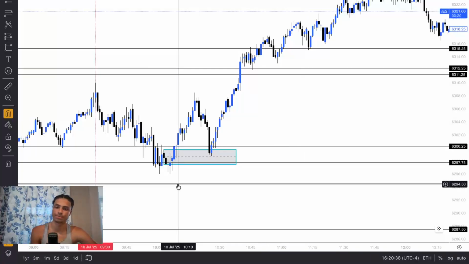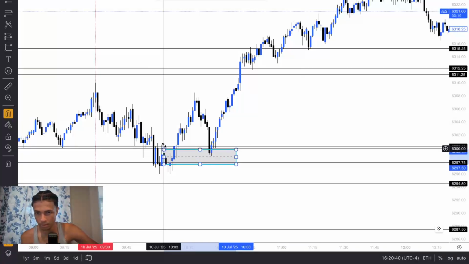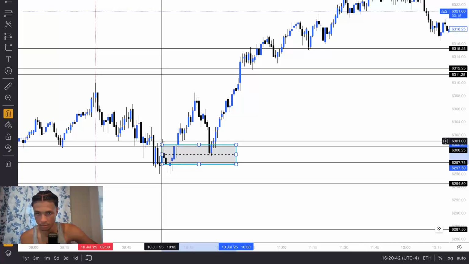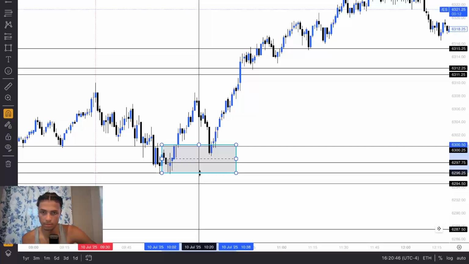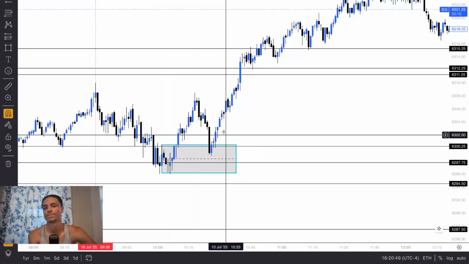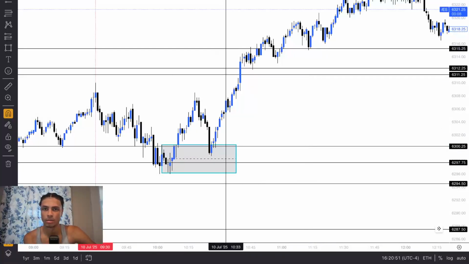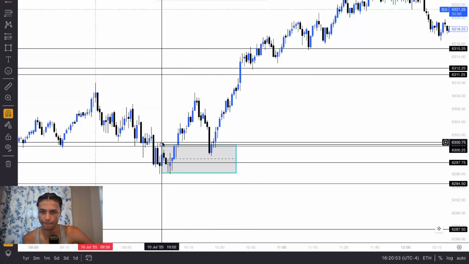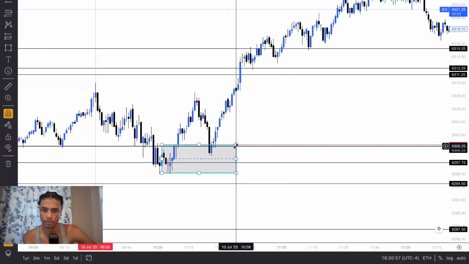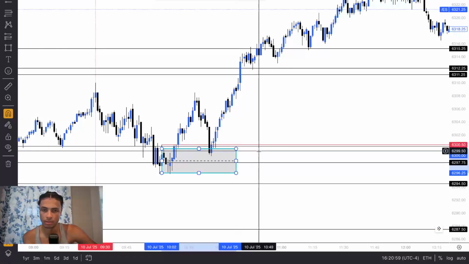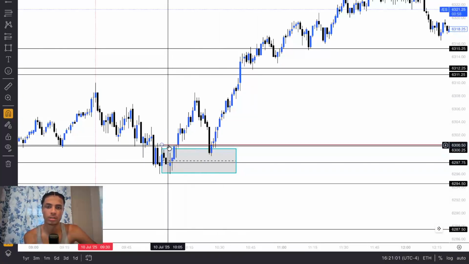There's an order block right here. Then I'll drop down this box, and you can see the breaker structure.